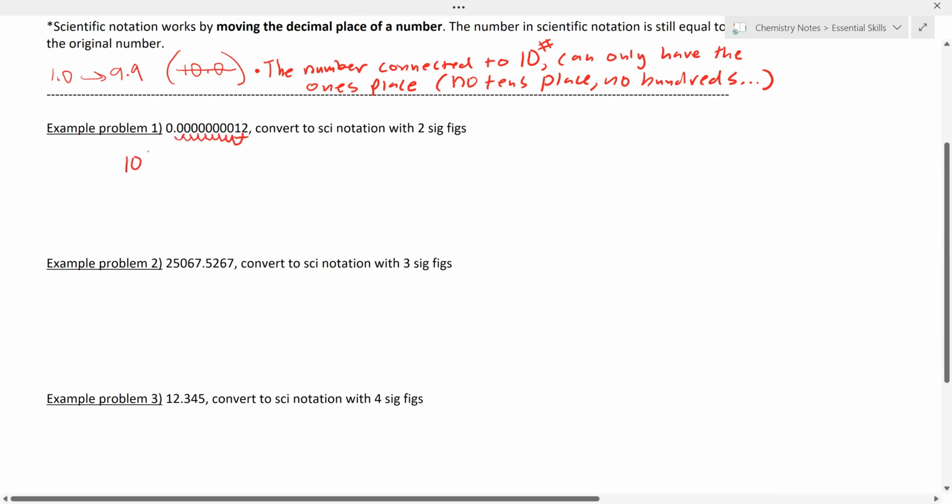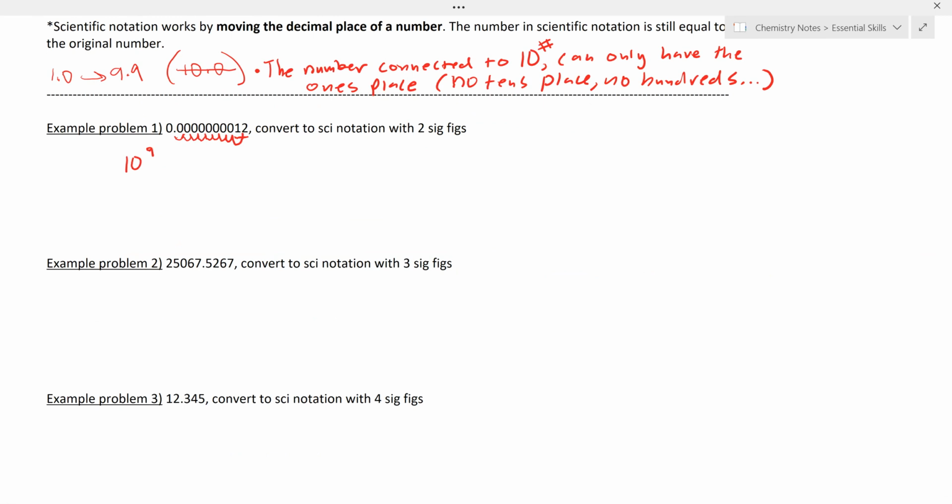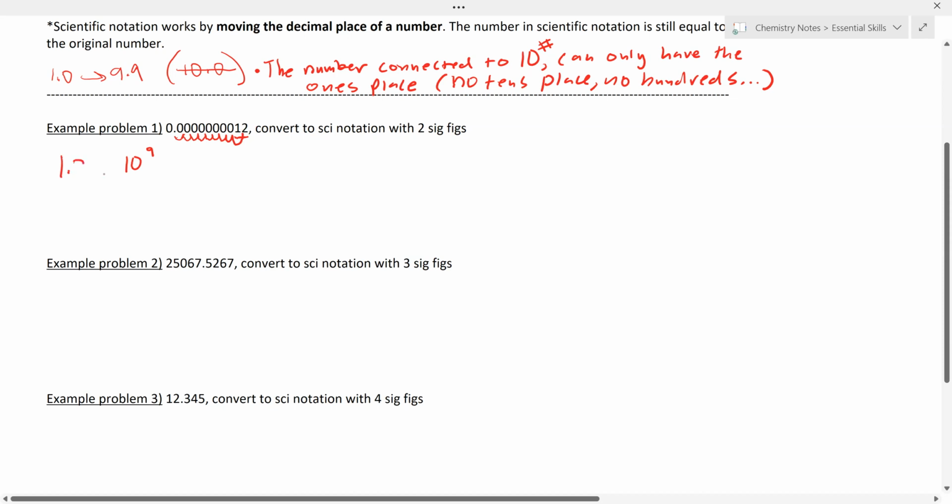So it'd be 10 to the power of 9, whether that's positive or negative, we will discuss. And now that the decimal's moved here, that becomes 1.2 times 10 to the power of 9. In this case, that 9 is actually negative.